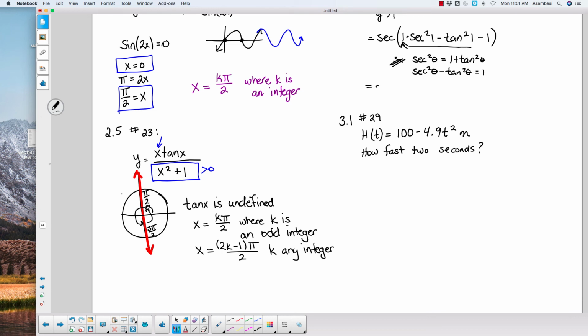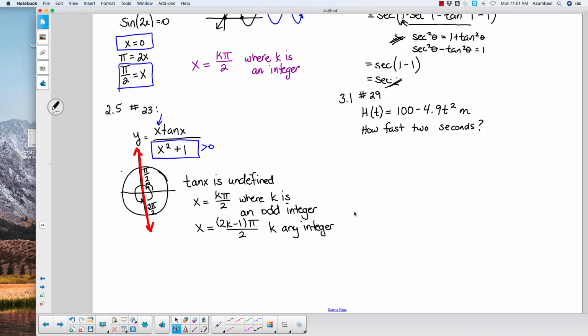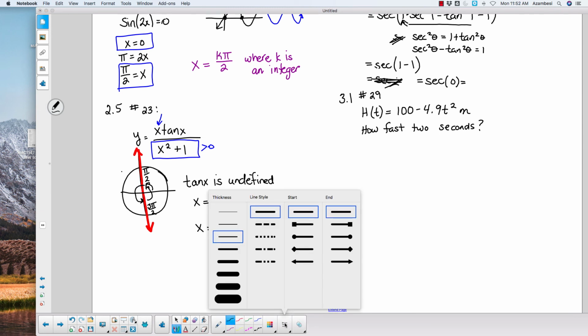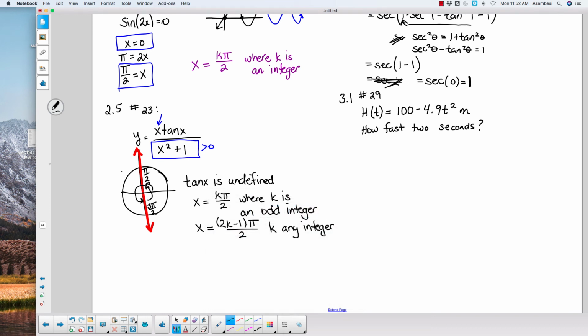So putting that into our function, that means I have the secant of 1 minus 1 gives me secant of 0. I'm just going to cross that out. Gives me the secant of 0, and the secant of 0 is equal to 1. Secant of 0, reciprocal of cosine of 0, and we have 1.